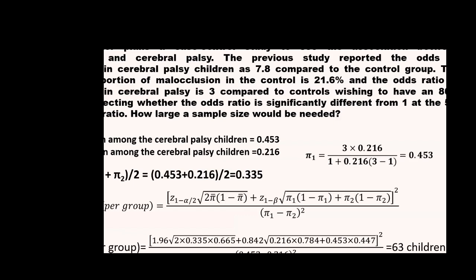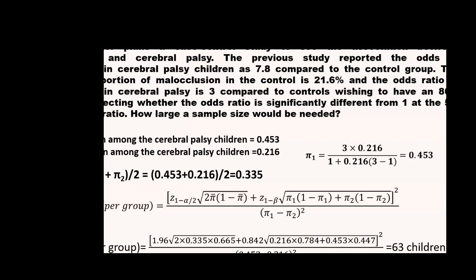So this is the previous value, 7.8, but the expected proportion of malnutrition in control is 21.6 and the odds ratio of malnutrition in cerebral palsy is 3 as compared to control, with 80% chance to detect whether the odds ratio is significant or not. Here he assumed that an odds ratio of 3 is sufficient for finding the difference.